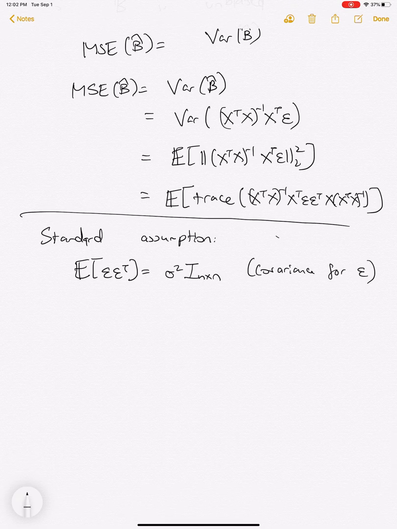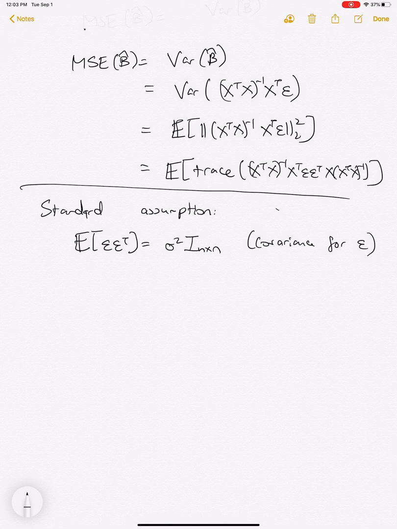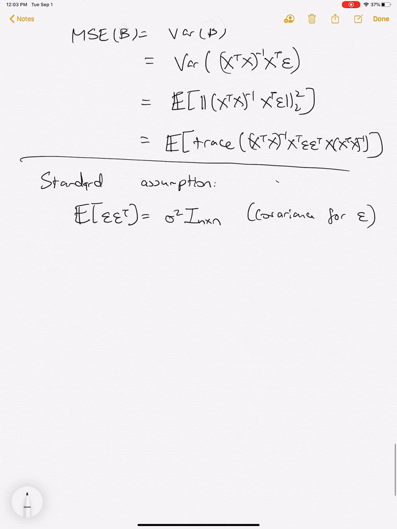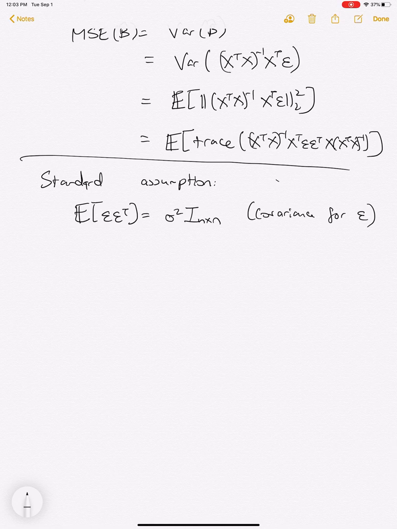So what we can do is make the assumption that the expectation of epsilon epsilon transpose is sigma squared I, which is the identity matrix. So epsilon epsilon transpose is an n by n matrix, and we're taking the expectation of that, which is just the entry-wise expectation. And so we're assuming this is the identity matrix times sigma squared, which is very standard.